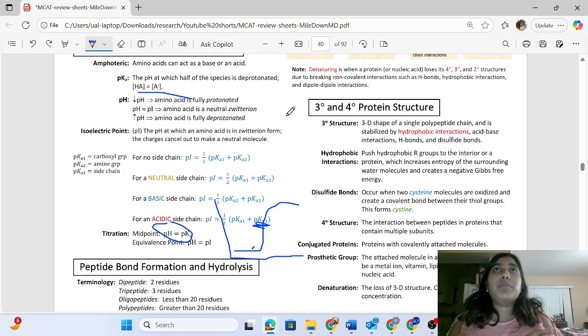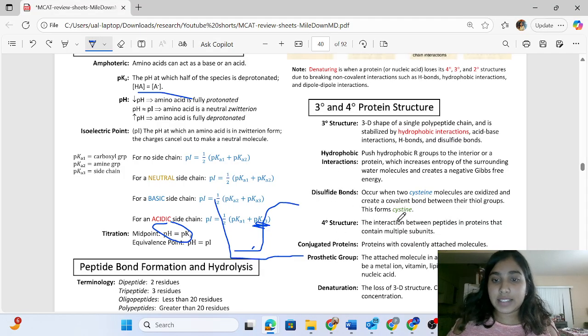If you have an oily surface and you put water on it, it will make round bubbles. But if you put it on a surface where there's no oil, it will just flow everywhere, right? Same thing happens here. When you put the hydrophobic part of the amino acid inside, the water scatters everywhere and the entropy increases.